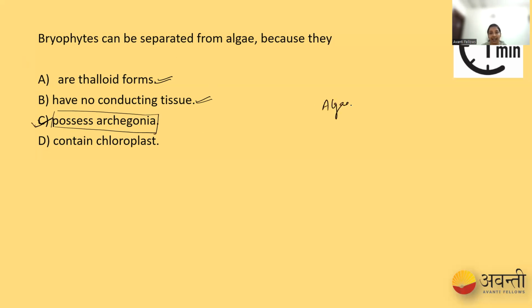Remember, in algae, the female sex organ is oogonia, whereas in bryophytes, the female sex organ is archegonia.